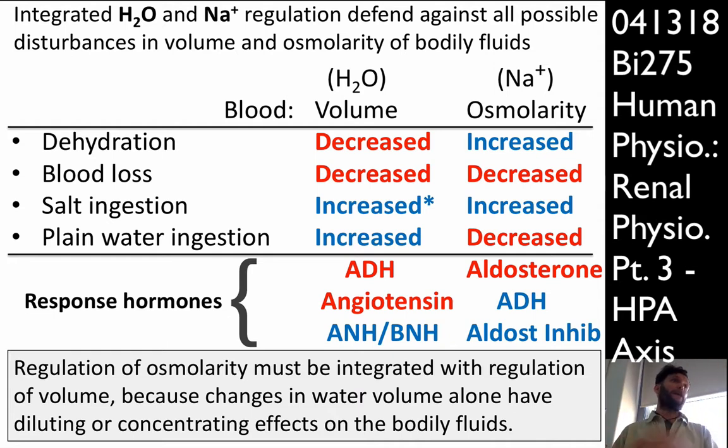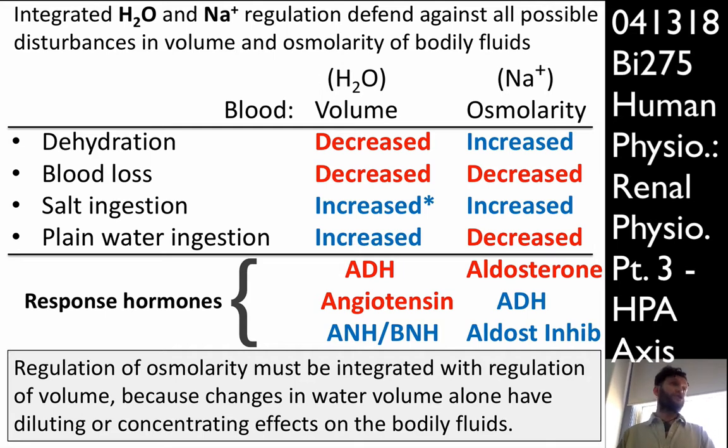Right? It's going to increase that gradient, so you're going to end up retaining more water. And eating a bunch of salt can also trigger thirst responses, so you'll be more inclined to drink. That's why there's a star next to it. Blood volume could stay flat, but it's likely that it's going to increase. All right, so that's why there's a little caveat there. Anticipating someone like you, smart, catching me.